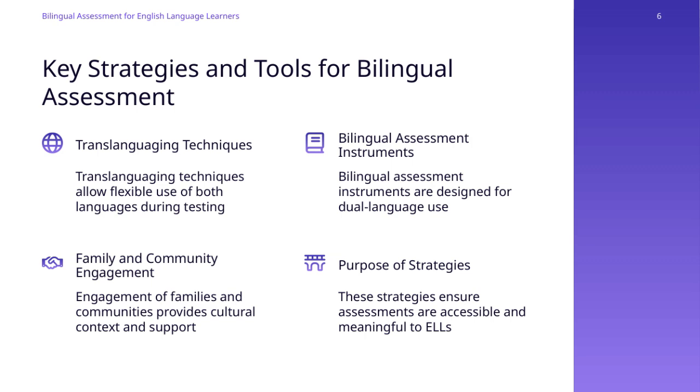Another crucial element is involving families and communities. Their engagement brings valuable cultural context and support, which enriches the assessment process and helps educators better understand each student's background. Altogether, these strategies aim to make assessments more accessible and meaningful for English language learners, ensuring that their abilities are fairly measured and understood.